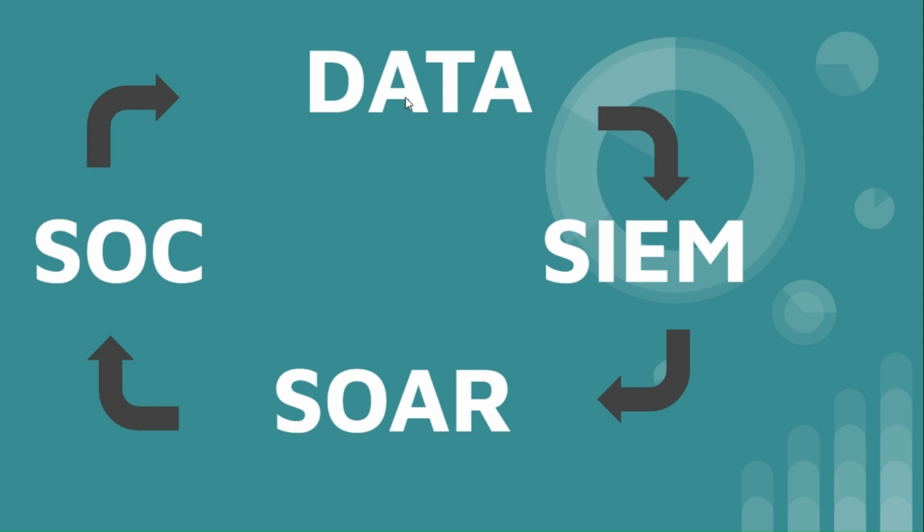The data goes into the SIEM, our security information event management. That goes to our SOAR, which is security orchestration, automation, and response. And the SOAR goes to the SOC, the Security Operations Center.